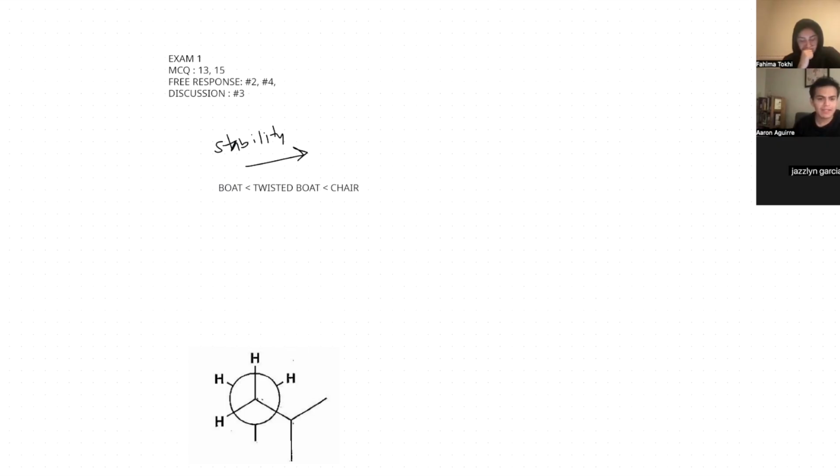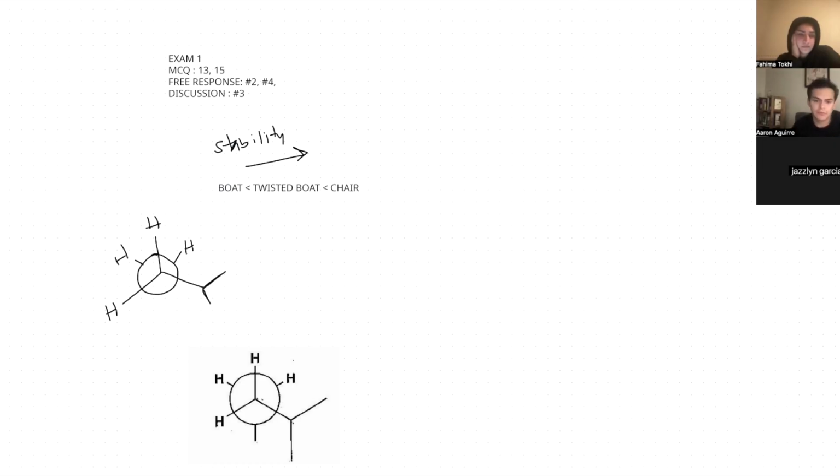This is weird. I guess it's just telling you to turn it into a line structure, right? For people who can't see it, it looks like that, like that, like that, hydrogen, then like that.